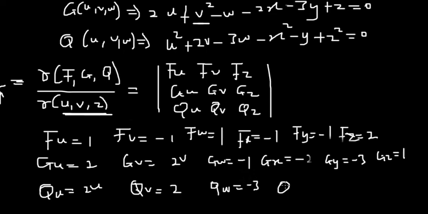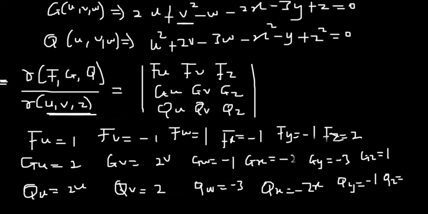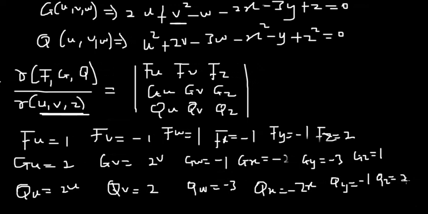And then q of x will give us -2x, okay? q of y will give us -1, and then q of z will give us 2z, okay? 2z, right?